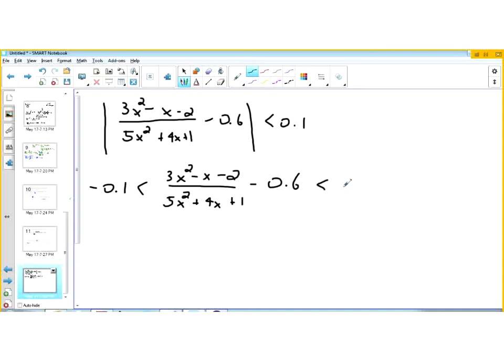By definition of absolute value, being less than a number, we can do this, and then we'll add 0.6 to everybody. And so we have the output of the function being wedged between 0.5 and 0.7.